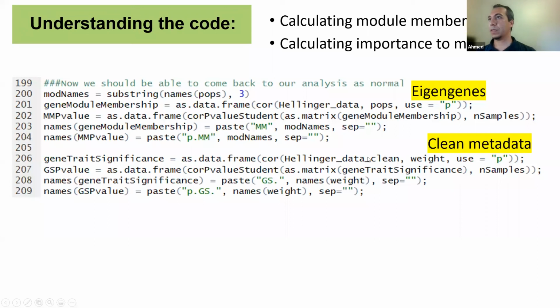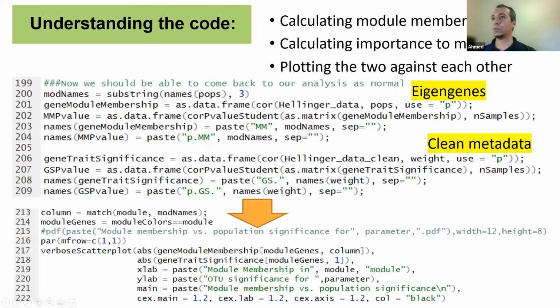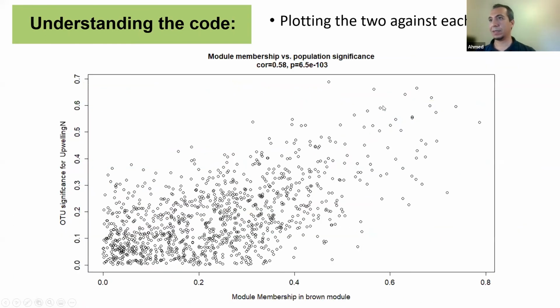You get these two, and then you plot them against each other. All of that is just a bunch of lines for plotting a verbose scatter plot, which is basically this plot right here. This plot has the significance of specific OTUs, all of these different dots. These are the specific dots of OTUs that are related to the upwelling.